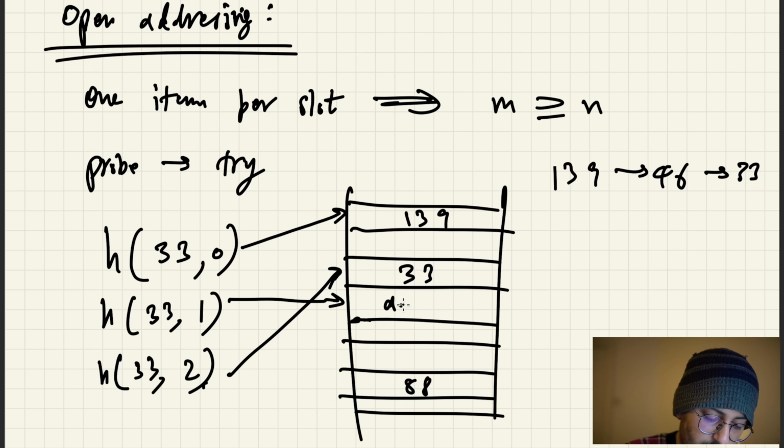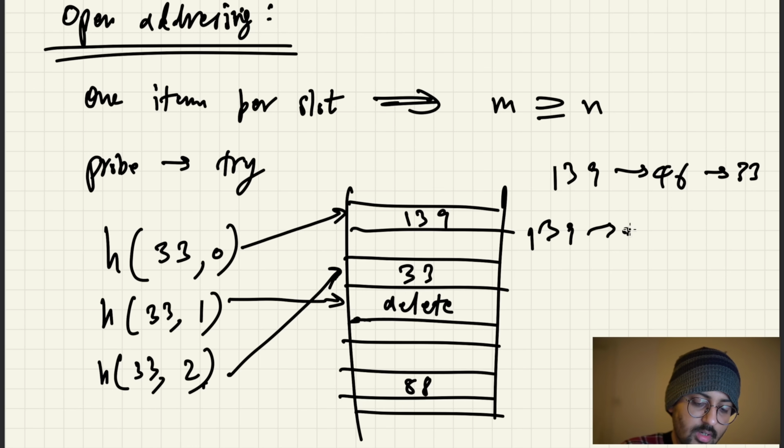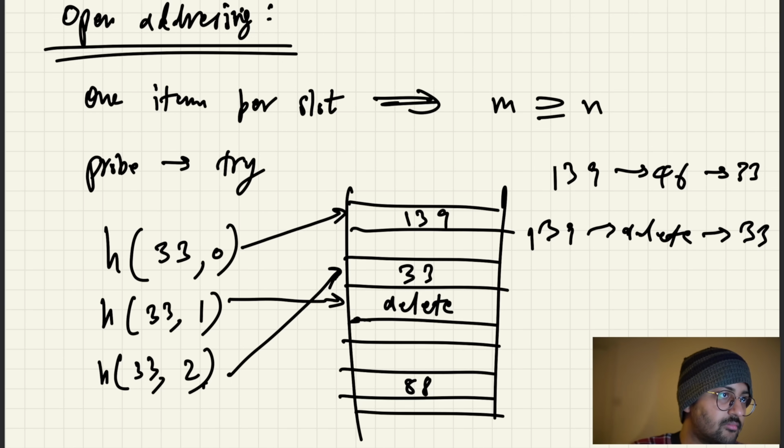I will have to put a flag here called deleted. So when I'm searching for 33, it will be 139, deleted, which means something was here that got deleted, and after that 33. I will show you how this happens. Let's look at it right now.